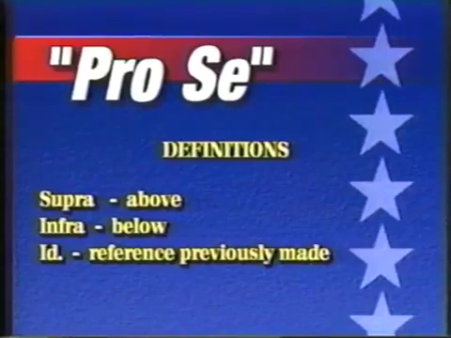In the course of writing an opinion, a court will oftentimes make a number of references to the same case. And rather than go into formally citing the entire case reference every time he cites to a case, what he'll do is he'll use words like supra, infra, and id.